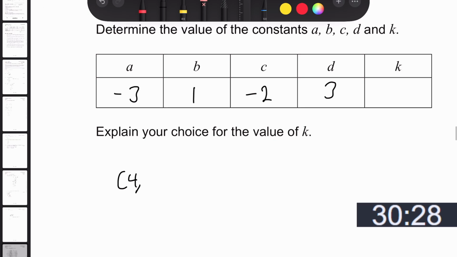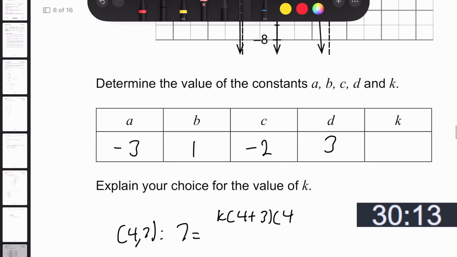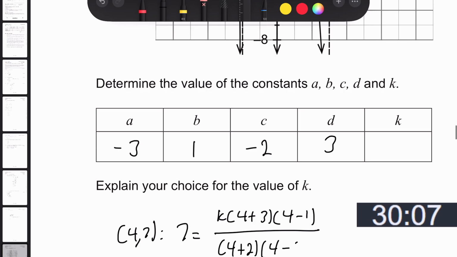So 4, 7, and that 7 is going to equal k times (4 plus 3)(4 minus 1) all over (4 plus 2)(4 minus 3).